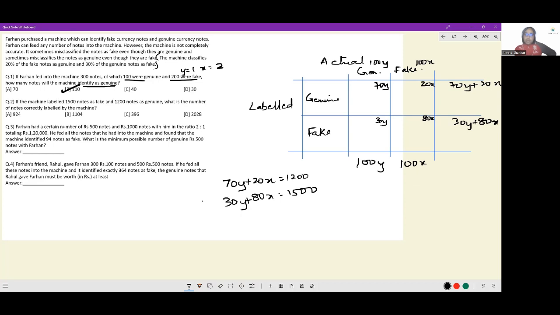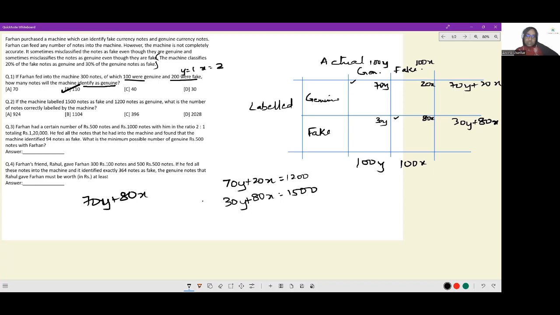This is the state. Now, also know, the question is asking what is the number of notes correctly labeled by the machine. The number of notes correctly labeled by the machine will be these two cells. If it is actually a genuine note and it is labeled genuine, if it is actually a fake note and it is labeled fake. So finally, the answer that I'm seeking is 70y plus 80x.